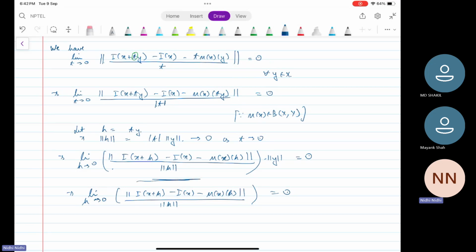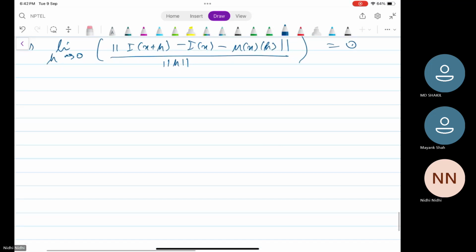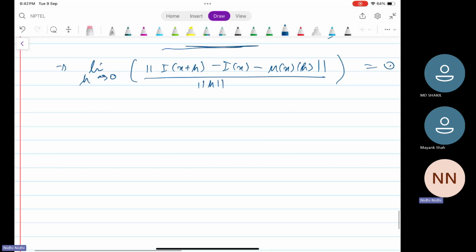And now this gives us that I is differentiable, and the derivative is given by u_x.